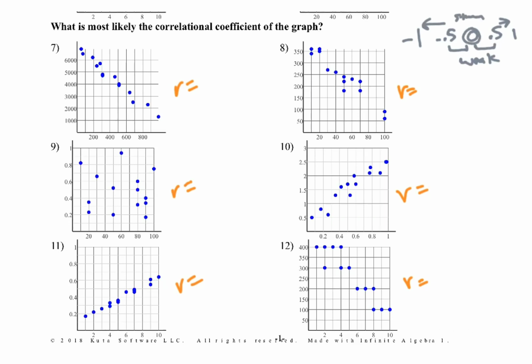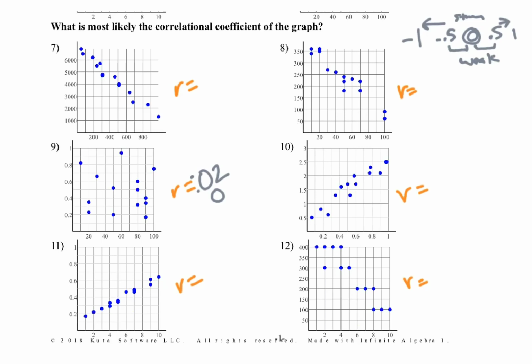And if you're at 0 or really close to 0, that's going to be no correlation. So if I look at number 9, I'm probably going to call that no correlation. In all reality, it's probably really like -0.02 or something like that. So you could put -0.02 or +0.02 or just 0 to represent that no correlation.